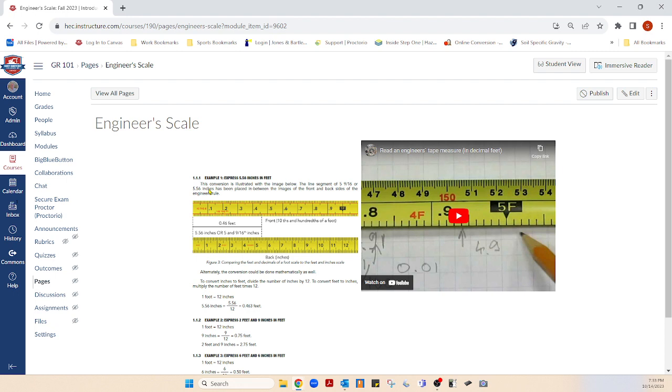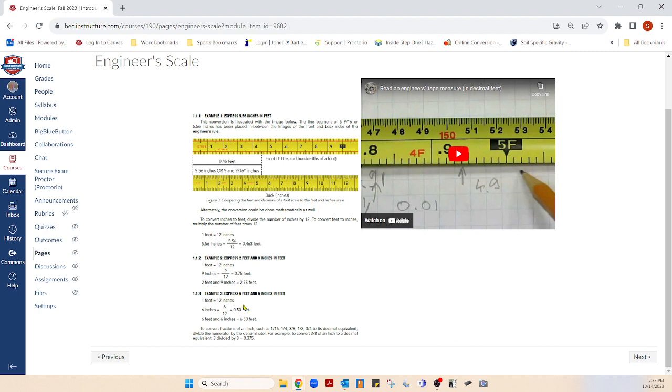That gives 5 and 9/16 inches, basically. 5.56 divided by 12 is 0.463 feet, which is close to 9/16. So that's your conversion.